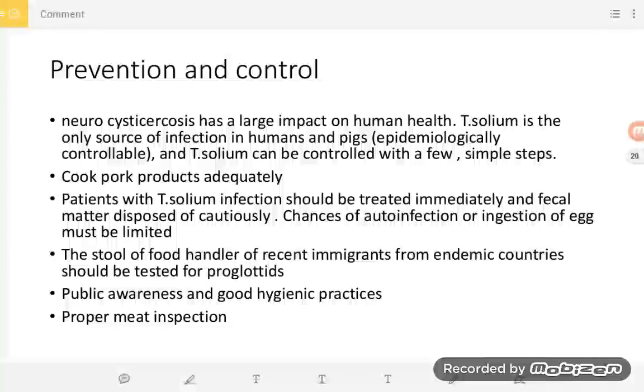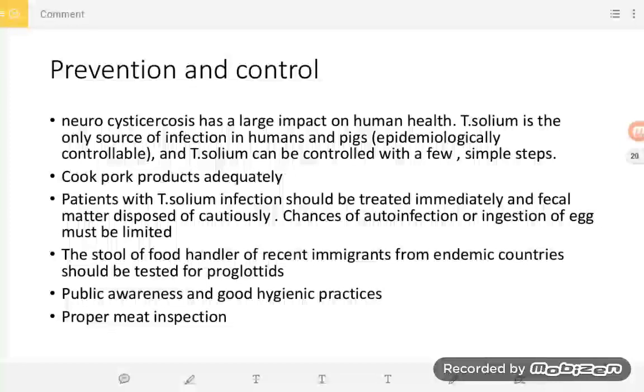Taenia solium is the only source of infection, in humans and the pig. So when we consider these, humans and the pig are the main sources, right?